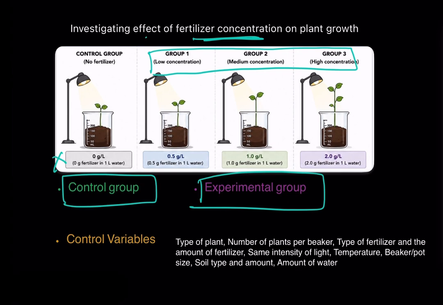So for this reason, we're using one with, say, a 0.5 gram fertilizer, the other one with 1 gram fertilizer, and the third one with a 2 gram fertilizer. That's a concentration, okay? So remember, the control group is a group that does not receive the fertilizer, while the experimental group is the group, or are the groups that receive the independent variable.